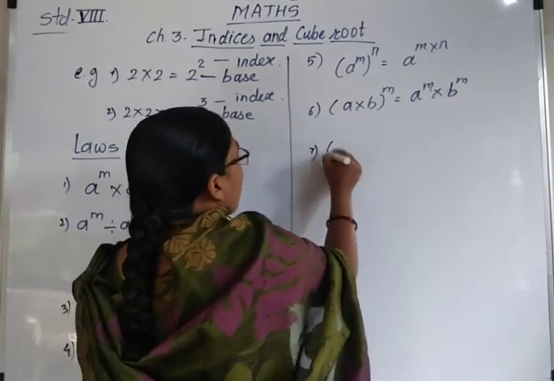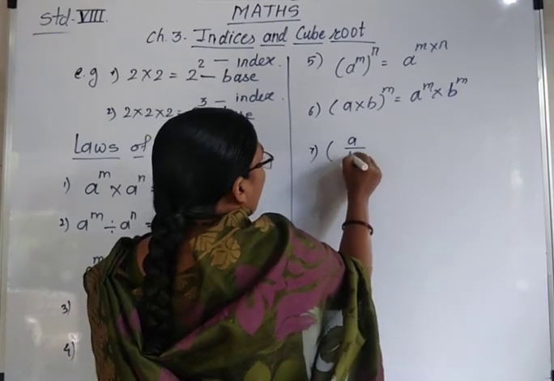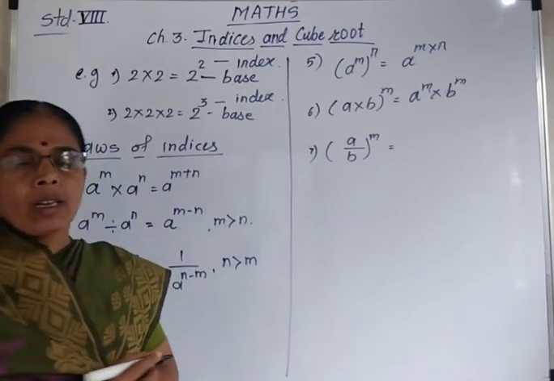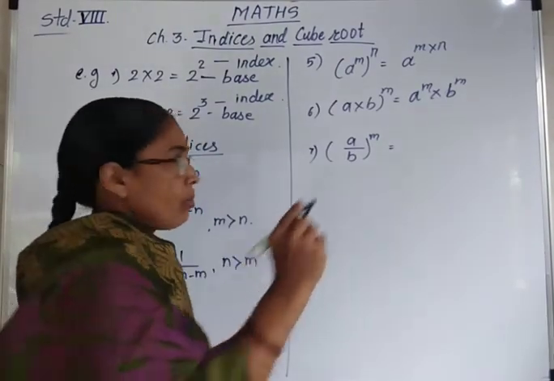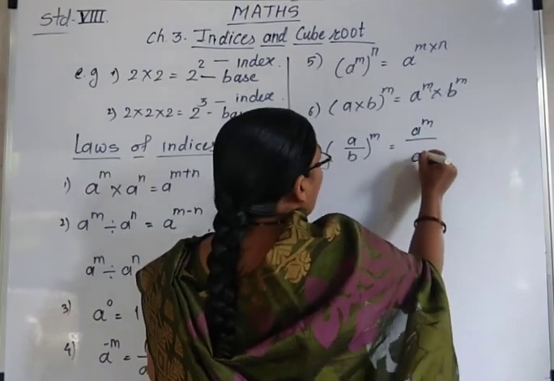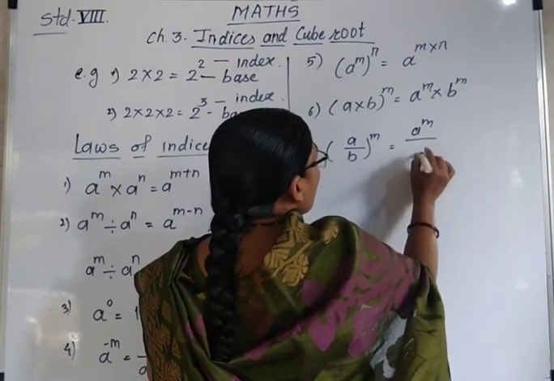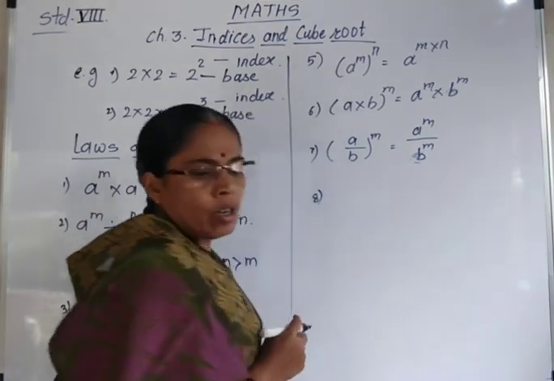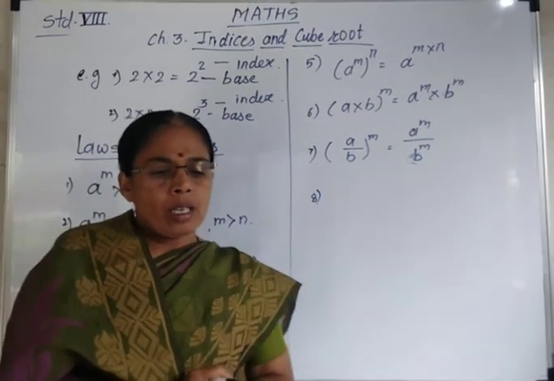Similarly, a upon b raised to m is equal to a raised to m upon b raised to m. And the next law is here.